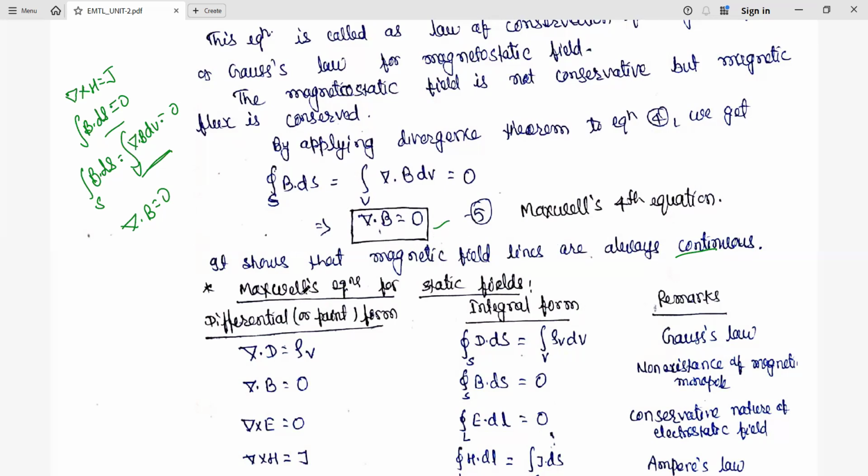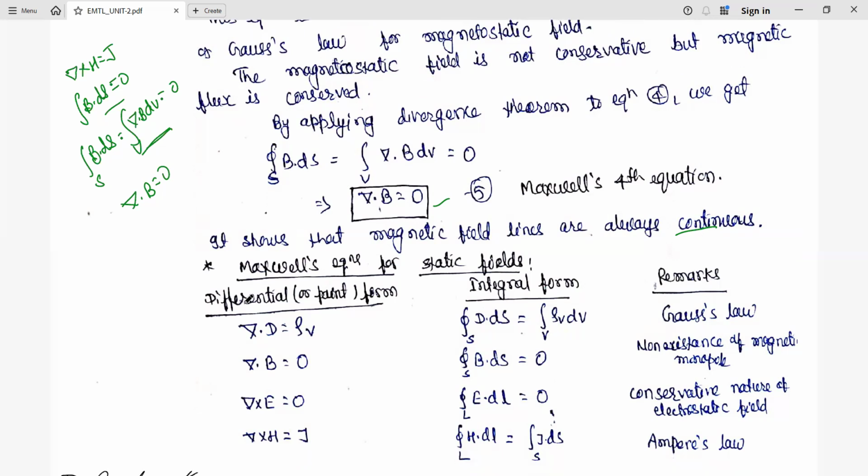Finally, we see the Maxwell equations in differential form as well as integral form. We have del dot D equal to rho V, and the integral form is the integration over the closed surface of D dot ds equal to the volume integral of rho V dV.